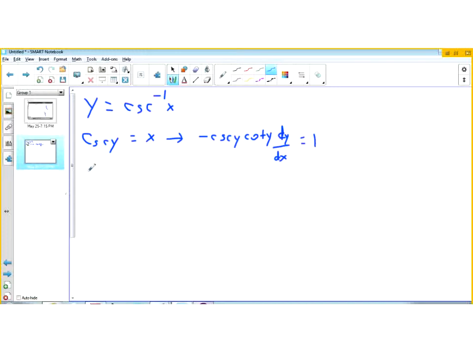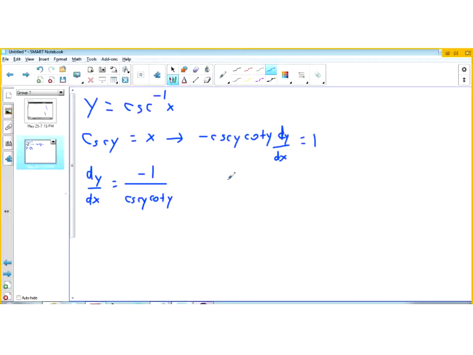And so when we solve for dy over dx, we have dy over dx is equal to -1 divided by cosecant y cotangent y. Okay, and so we need to replace cotangent y with its expression in x.